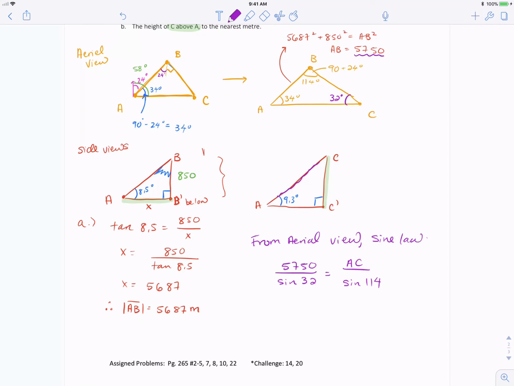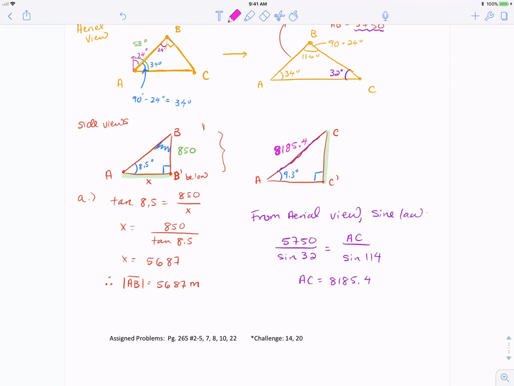Okay. Remembering that gives me length of AC, 8185.4. I'll fill that information into my diagram. 8185.4.